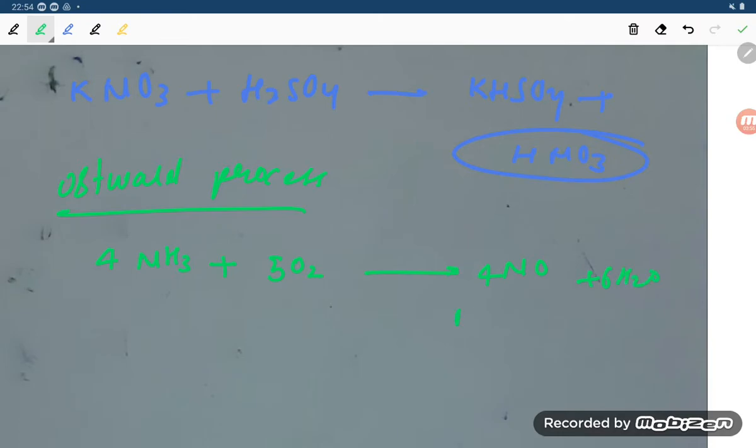This NO again gets oxidized in the presence of air: with O2, it gives 2NO2, nitrogen dioxide. This 2NO2 dissolves in water and gives nitric acid, 2HNO3, plus NO. This is the Ostwald process.